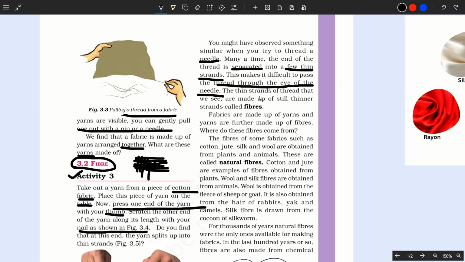The thin strands of the thread that we see are made up of still thinner strands called fibers. What are fibers? They are the still thinner strands that make up the thread, and they are called fibers.